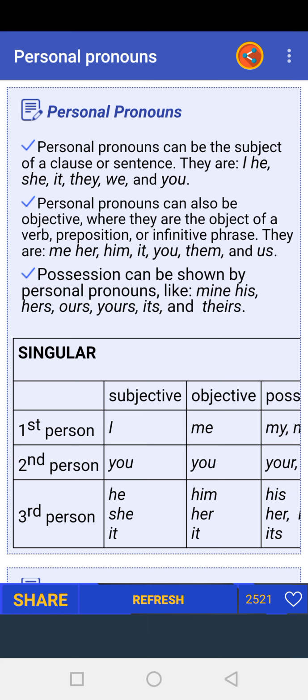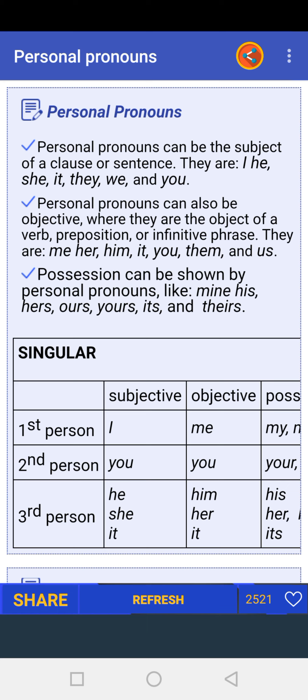Let's begin with the rule. Personal pronouns can be the subject of a clause or a sentence. They are I, he, she, it, they, we, and you. Personal pronouns can also be objective, where they are the object of a verb, preposition, or infinitive phrase.